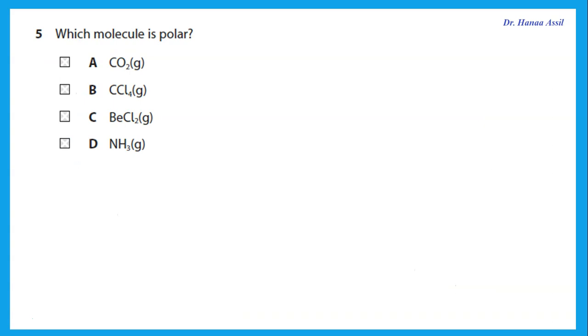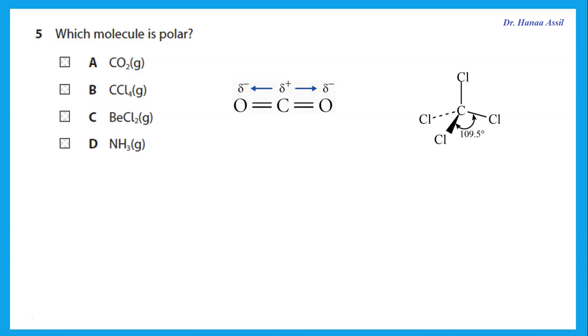Which molecule is polar? Remember, each bond could be polar if there is an atom that is more electronegative. So carbon dioxide, each bond is polar, but the polarities are in opposite directions, so they cancel, and the molecule as a whole is not polar. Again, carbon tetrachloride, chlorine is more electronegative than carbon.